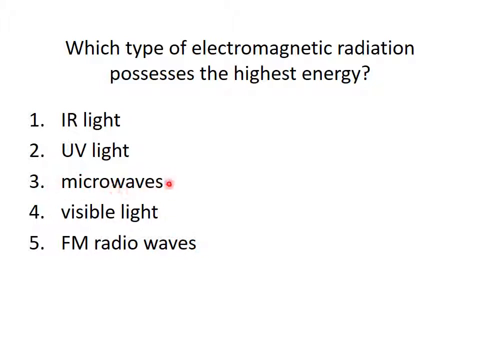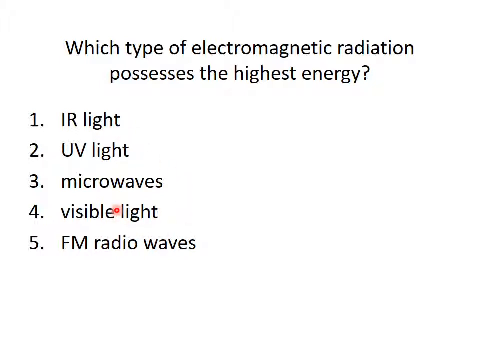Microwaves are next in energy level. These have the ability to take a water molecule and make it tumble faster. If I look at infrared radiation, this is the light that causes a bond to vibrate more.